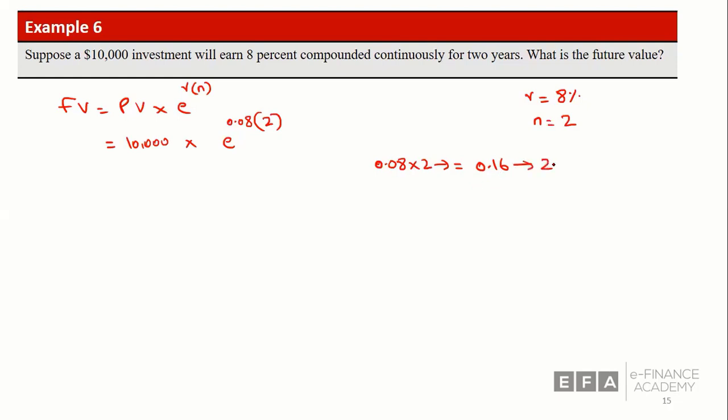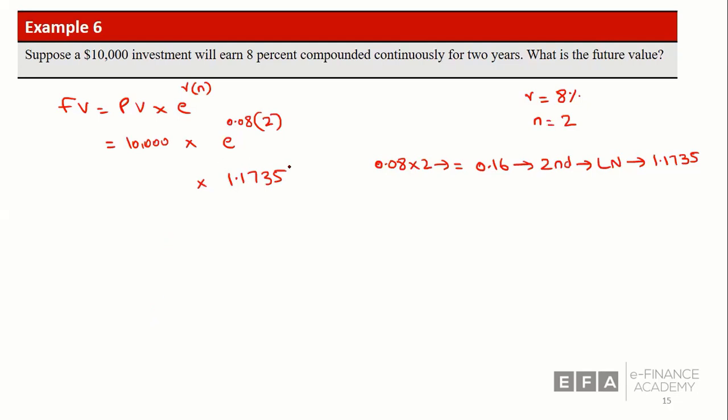You should press second and ln, which is the natural log button to the left of 7. You will find this button to the left of 7, and you can clearly find on this button e to the power of x. When you press that, the answer you should get is 1.1735.